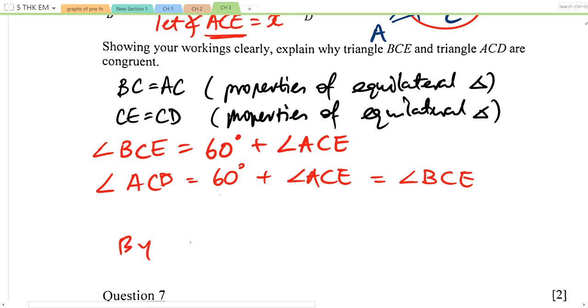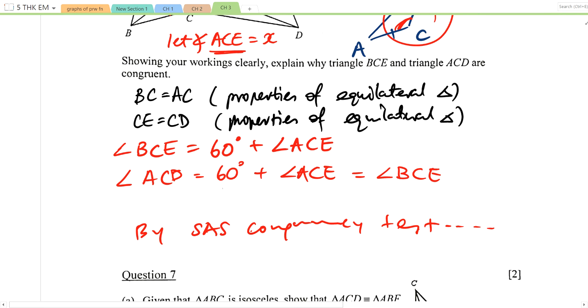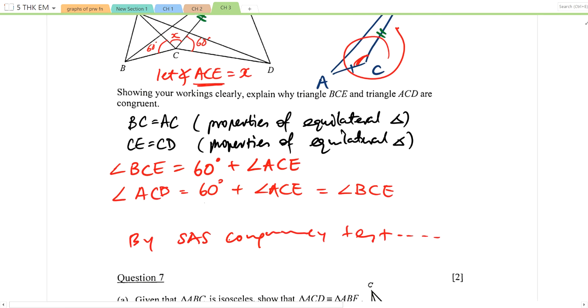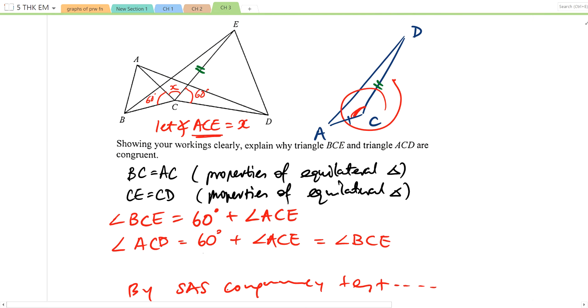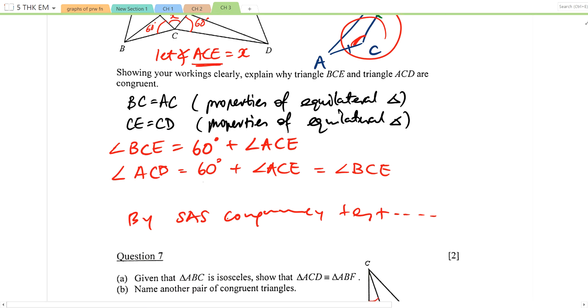So by SAS congruency test, blah blah blah. Get it? So this is one way that we can prove that angles are the same without actually knowing the values, because the X in the middle, the ACE, is a common angle. Okay, go and watch the video if you still cannot get it.